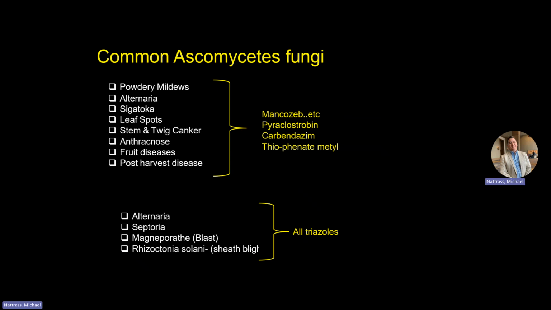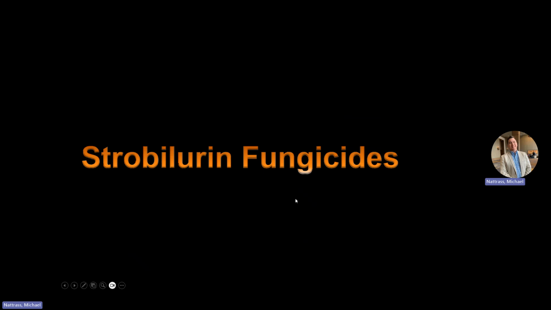Big picture takeaway is that you need to have several different modes of action, so that just in case you do get one of these different diseases, you've got something on hand that can help you overcome that.